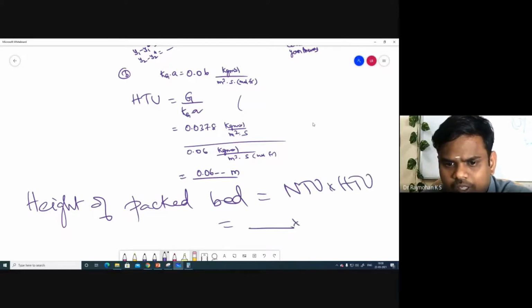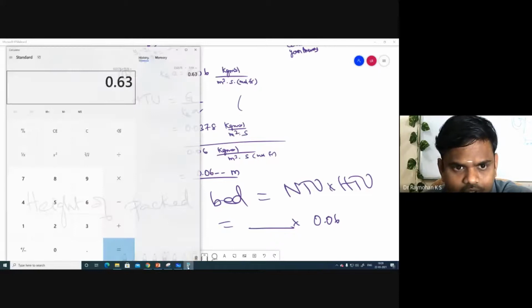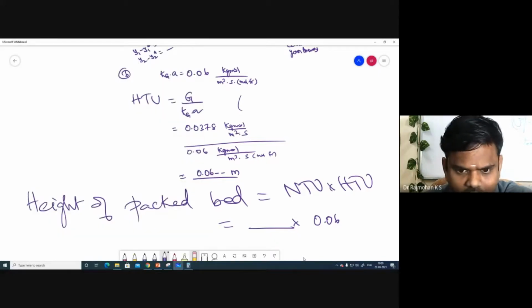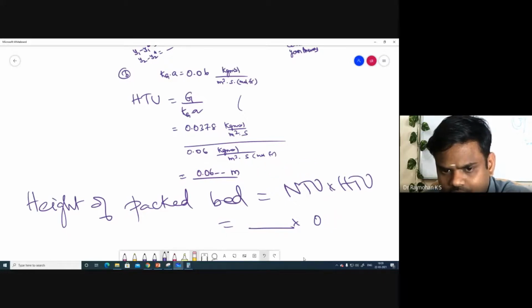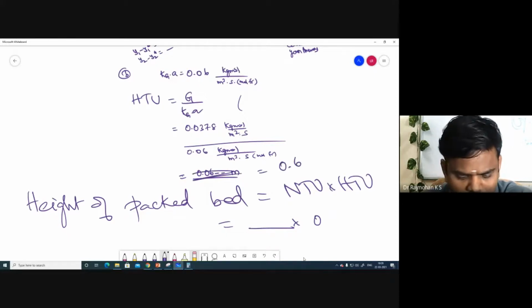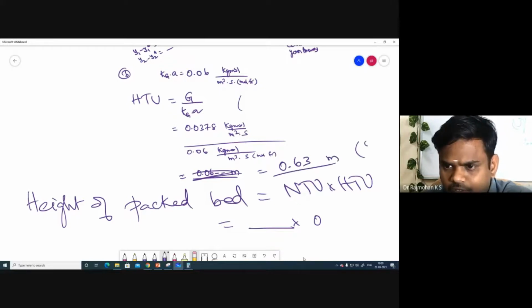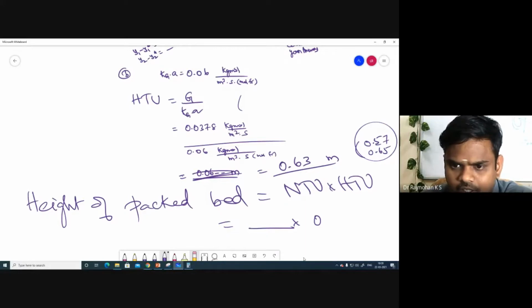NTU you have determined, HTU is 0.63 meters, and you will get a value from 0.57 to 0.65 in between this range.